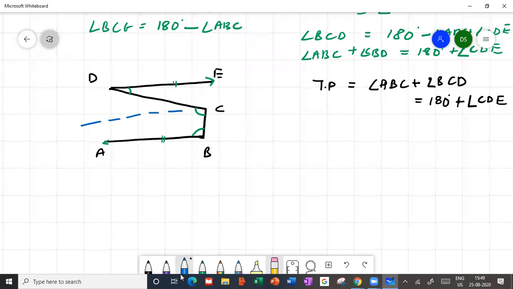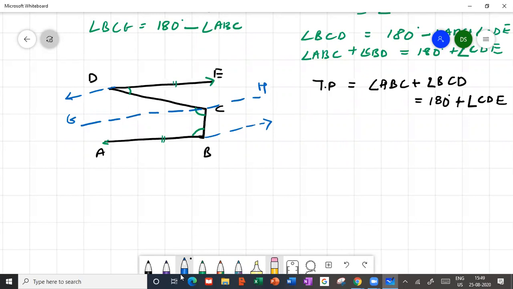If I just draw a line like this, which is parallel to both DE and AB, it fulfills the criteria of making CD a transversal and CB also a transversal, correct? You understood now why this line is drawn. Got it or no?